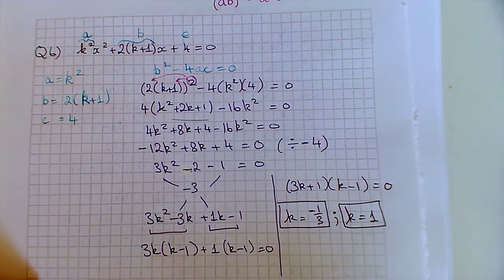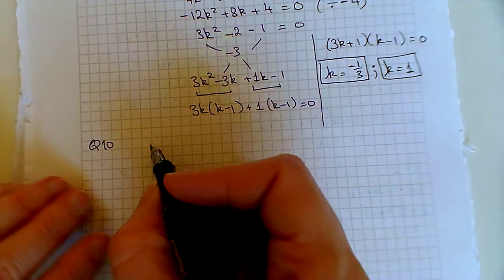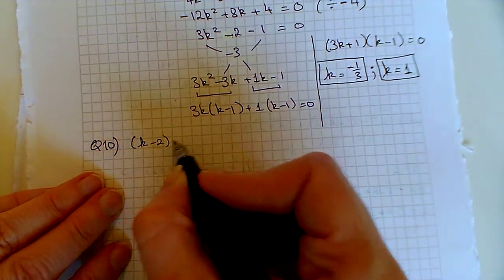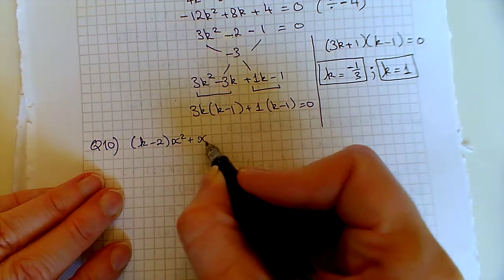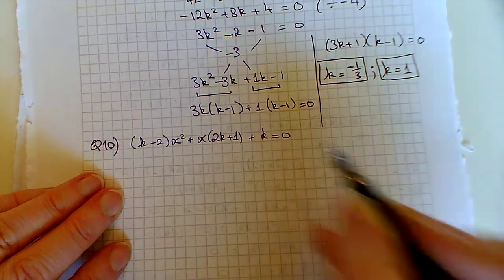Then I also asked you to do question 10. So question 10 asks us to find the value of k for which k minus 2 times x squared plus x by 2k plus 1 plus k is equal to 0.